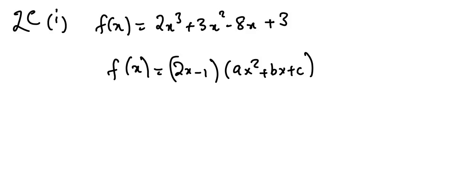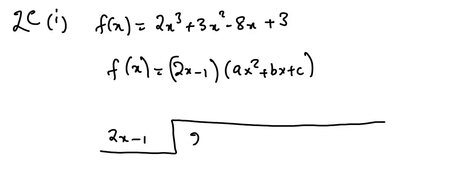So we're just going to assume that this guy is a divisor of this. We can use long division, 2x minus 1 into 2x cubed, then plus 3x squared minus 8x, then plus 3. So 2x into 2x cubed is just going to be x squared.